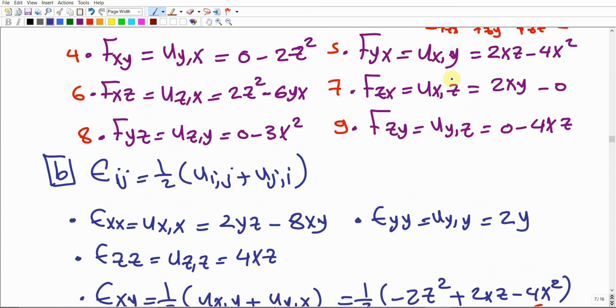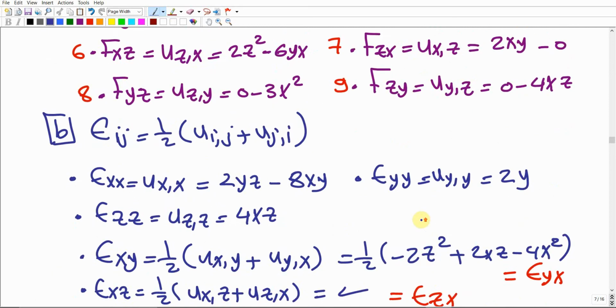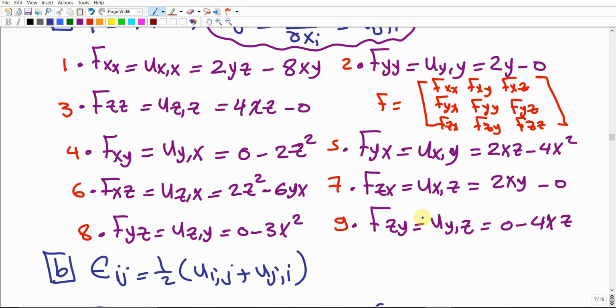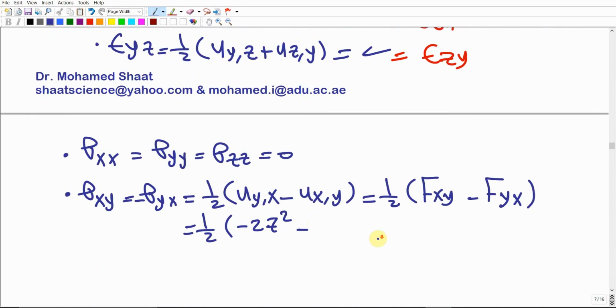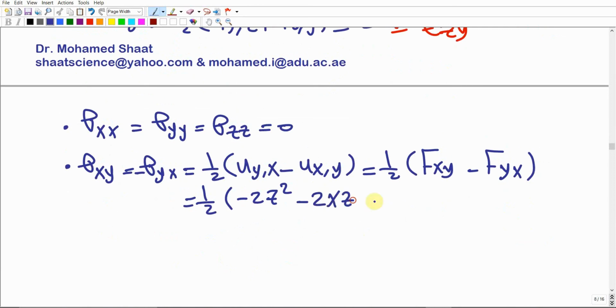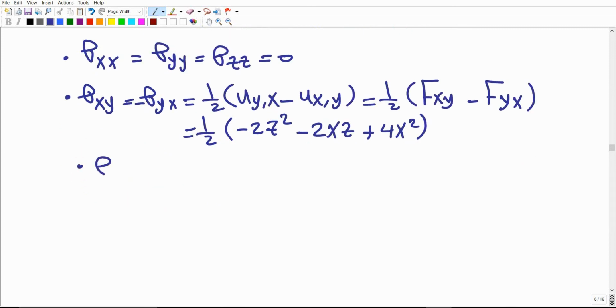The negative of fyx is going to be negative 2xz plus 2xz, negative 2xz plus 4x squared. Make sense? So this is going to give us theta xy, which should be the negative of theta yx. The same thing applies to the other components.